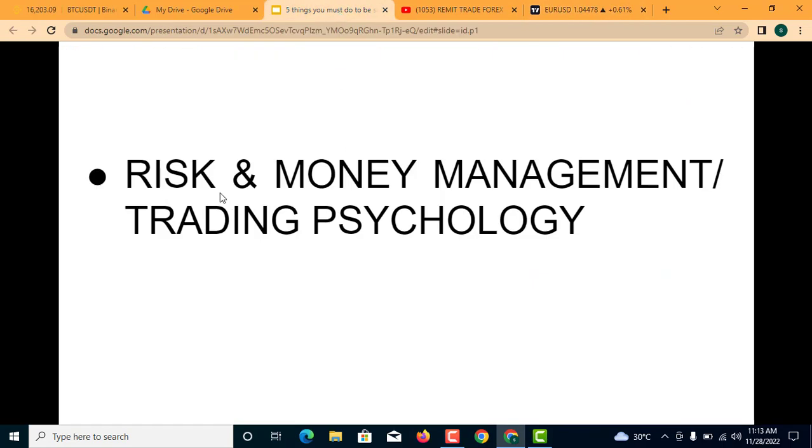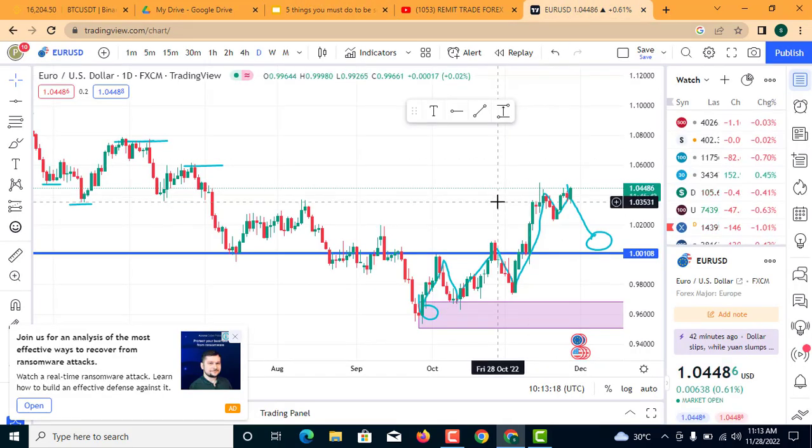The last one here is risk and money management and trading psychology. If your trading psychology is wrong, you are not going to be successful, or if you are risking more than your reward, you will not be successful. Or out of the $1,000 you have in your account, you are risking the entire $1,000 in a single trade. That is very wrong. So you must do proper risk reward management.